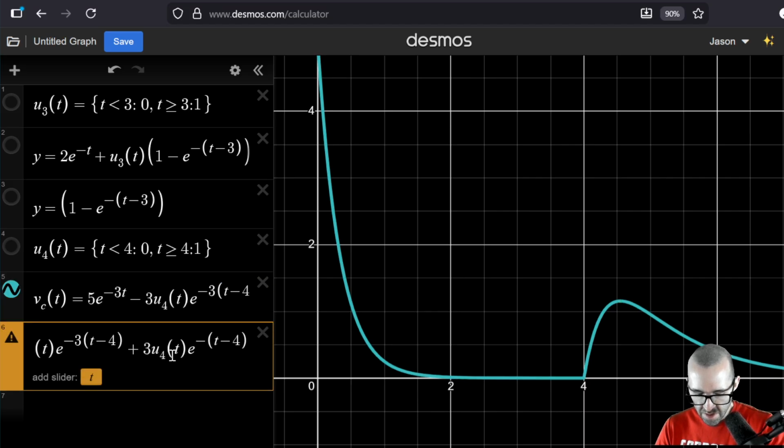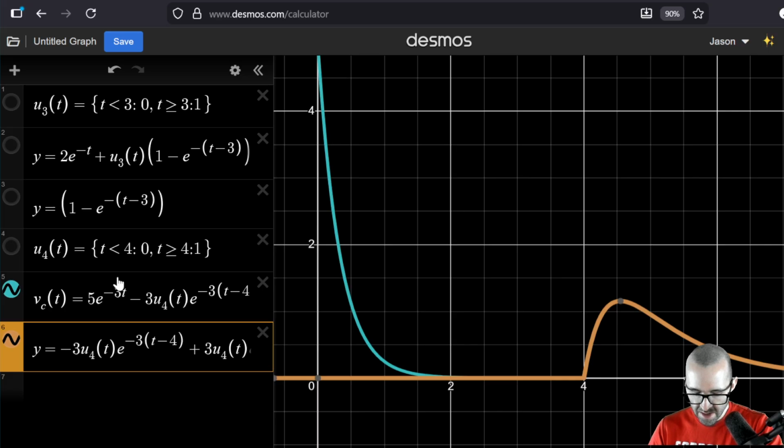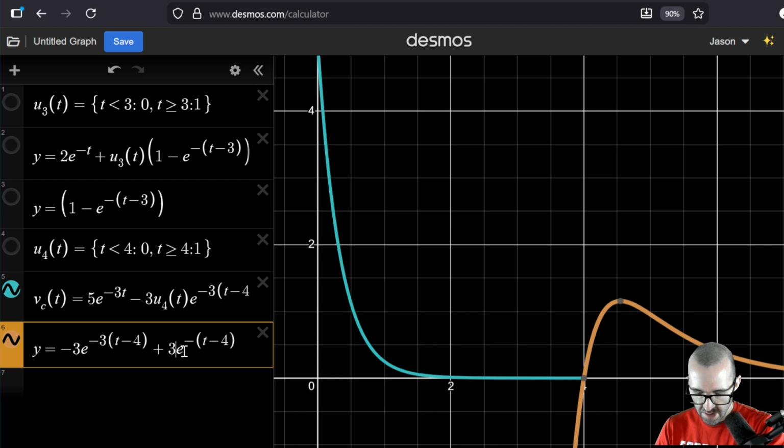what I want to do is show you what we're adding. And let's get rid of the Heaviside function. So you can see, right, that if we didn't have the Heaviside function, what we're adding to this thing that is almost 0 at this point, right? There's no real amount of voltage at 3 seconds in.